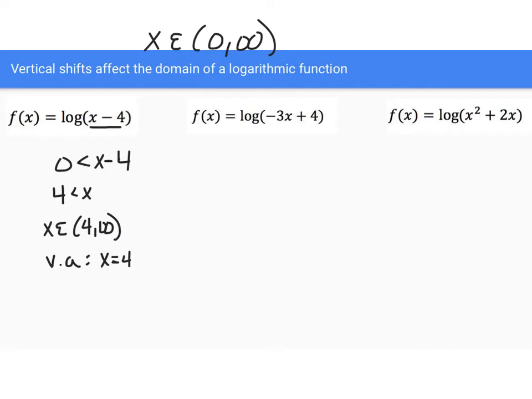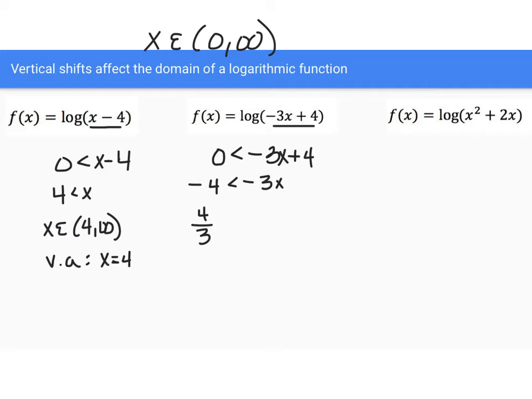Looking at the second example, I have log of -3x plus 4. Again, whatever is in the parentheses has to be positive, even if that is a larger linear term. So for this function, I'm going to set it greater than 0. Move the 4 to the other side. Divide by -3.